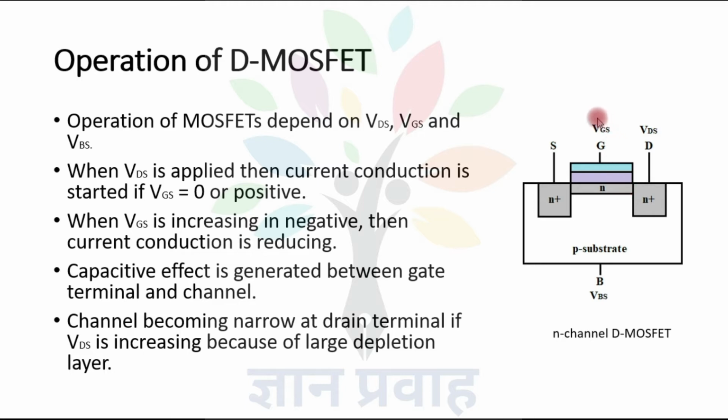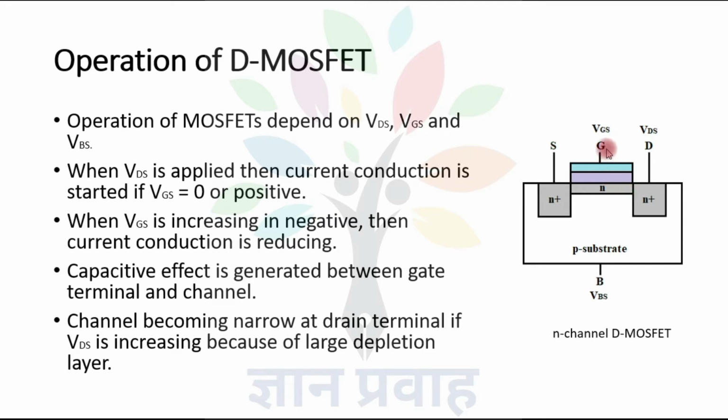So where we applied positive polarity of VGS voltage, electrons are coming through the application of this VGS voltage. It means the channel is present here and electrons are accumulated in more quantity here, so current conduction is large in this case.